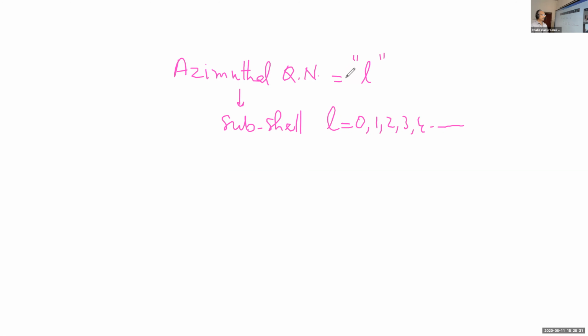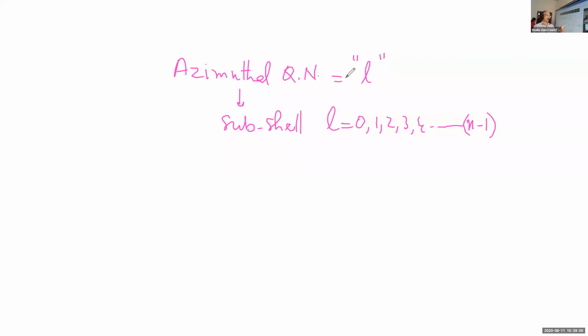So the azimuthal quantum number, or the secondary or subsidiary quantum number l, indicates the subshell, and the values will be 0, 1, 2, 3, etc. up to n minus 1.